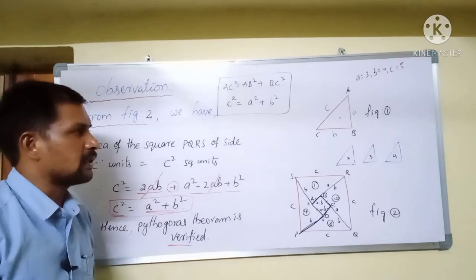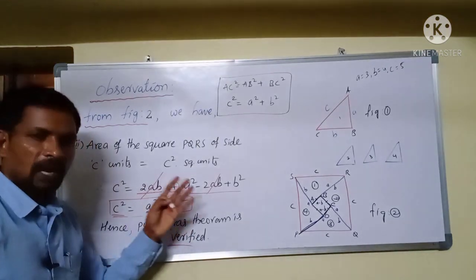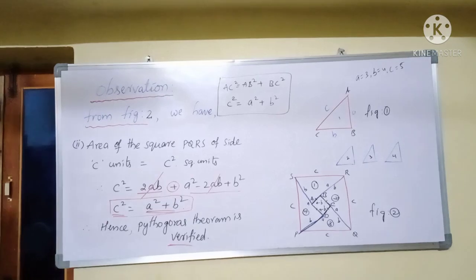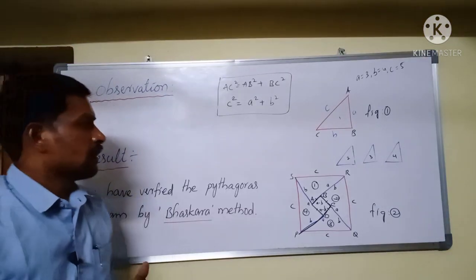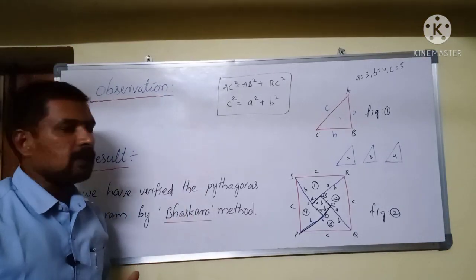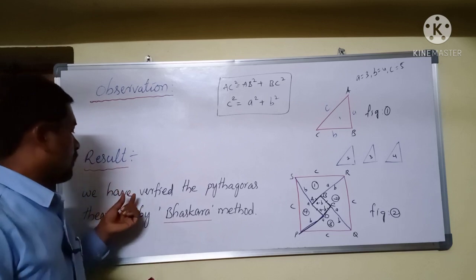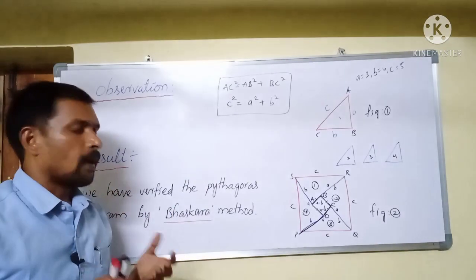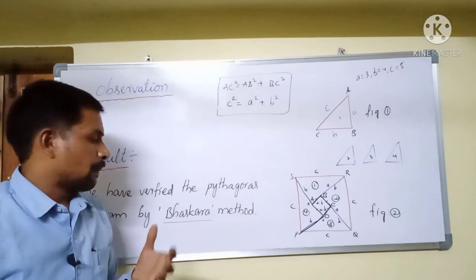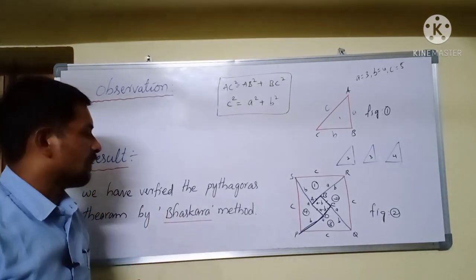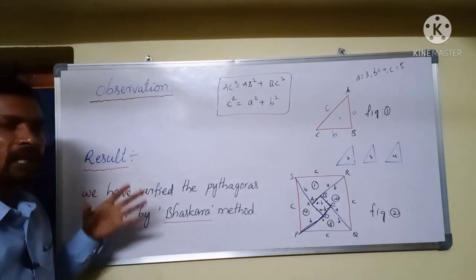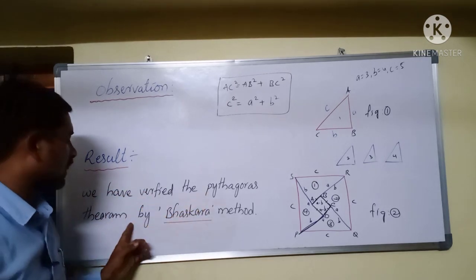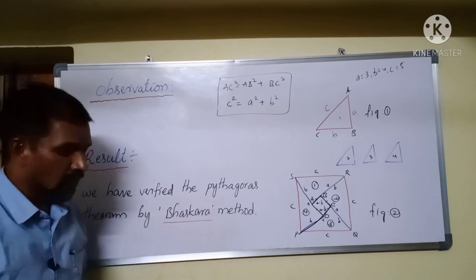Now we will discuss the result. So until now we discussed how we can prove the Pythagoras theorem by using the Bhaskara method, so you can conclude the result. We have verified the Pythagoras theorem by the Bhaskara method.